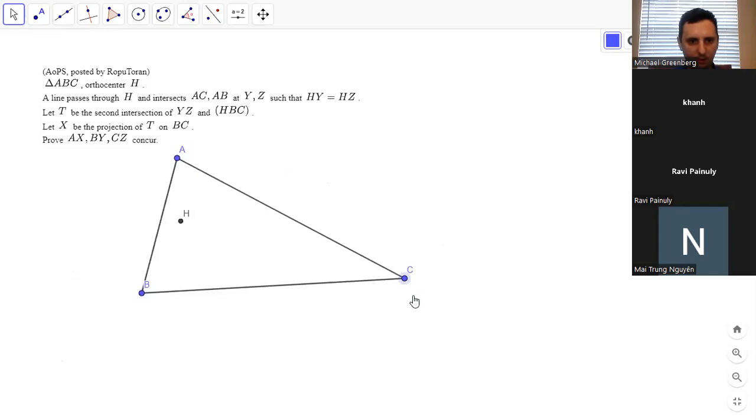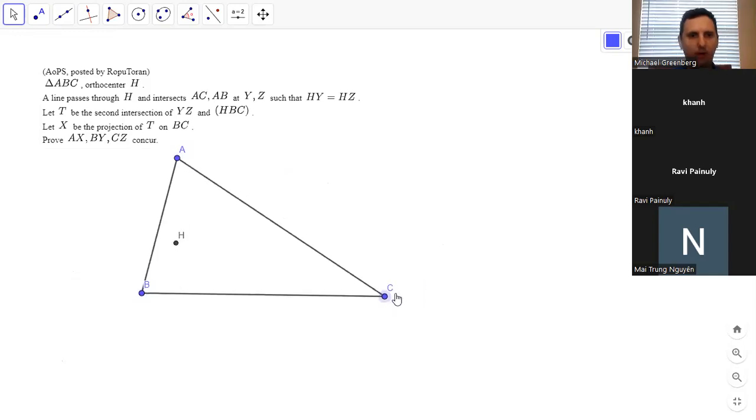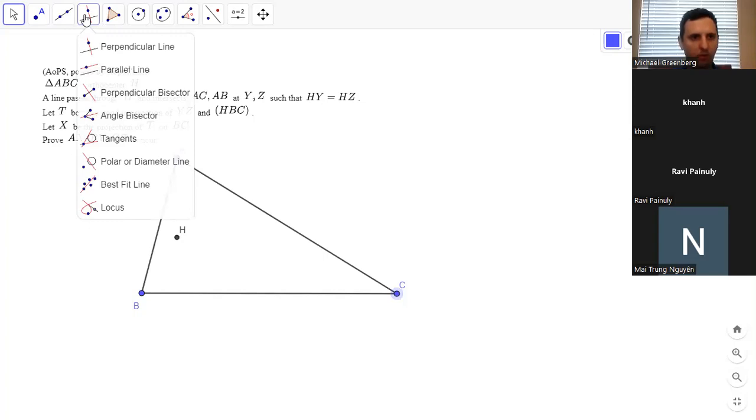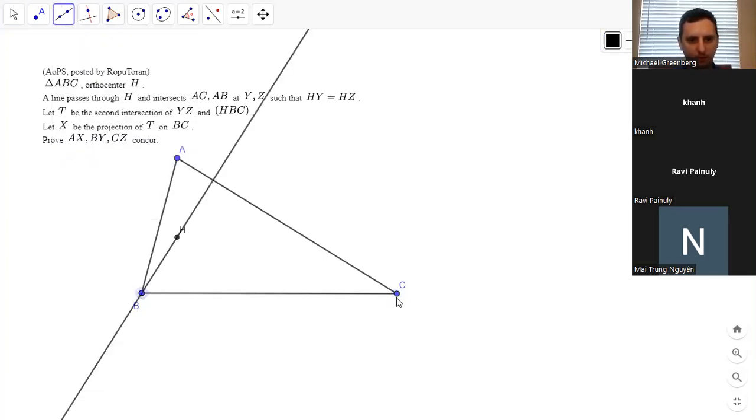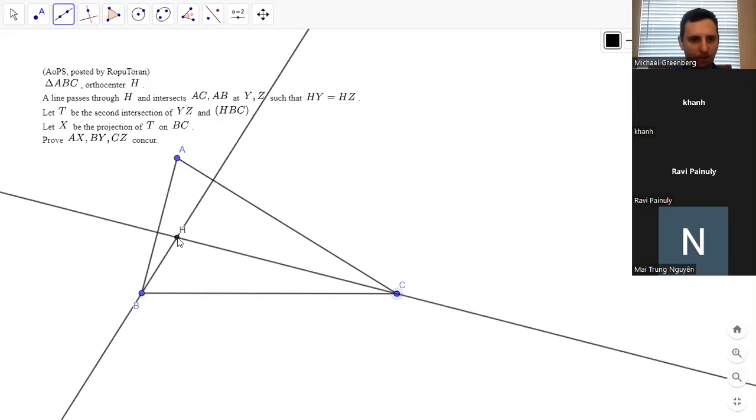We can construct this using harmonics. Harmonics, okay. What's the right way? You draw the altitude from B and C? Yes. Let's label the feet of the altitudes E and F, okay?